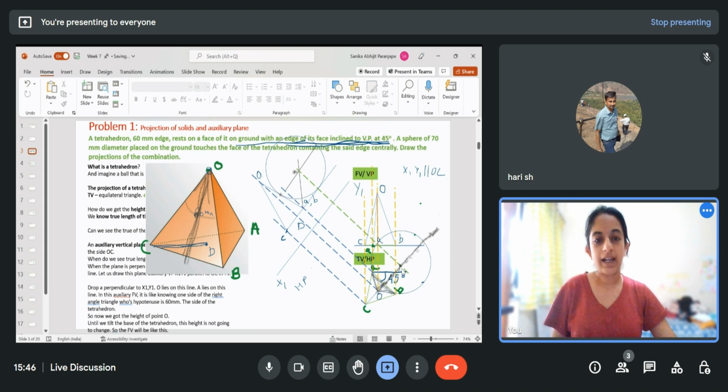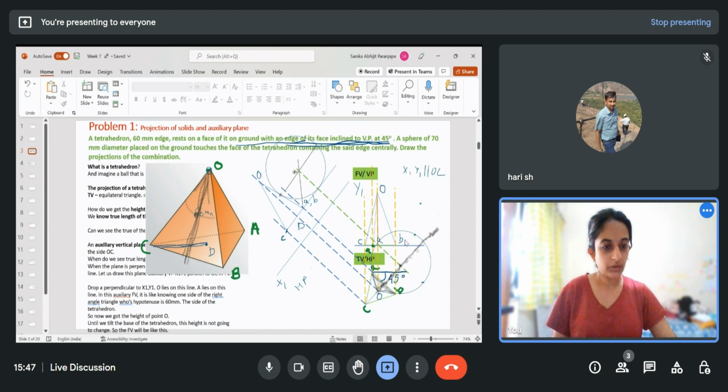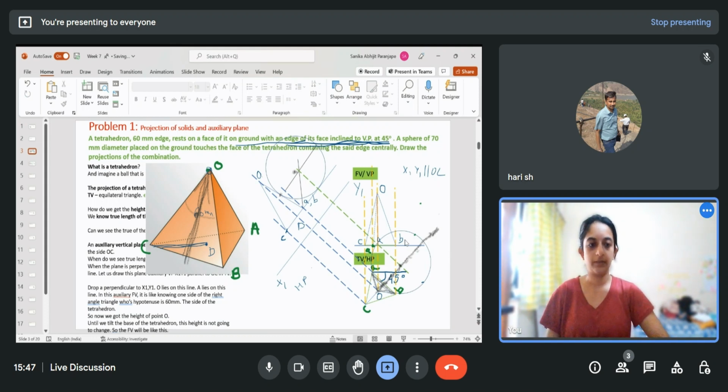So this point and this should be in one line for this x1 y1 auxiliary plane. So now you got the projection of the circle here. Now you can project this center in the original xy plane.